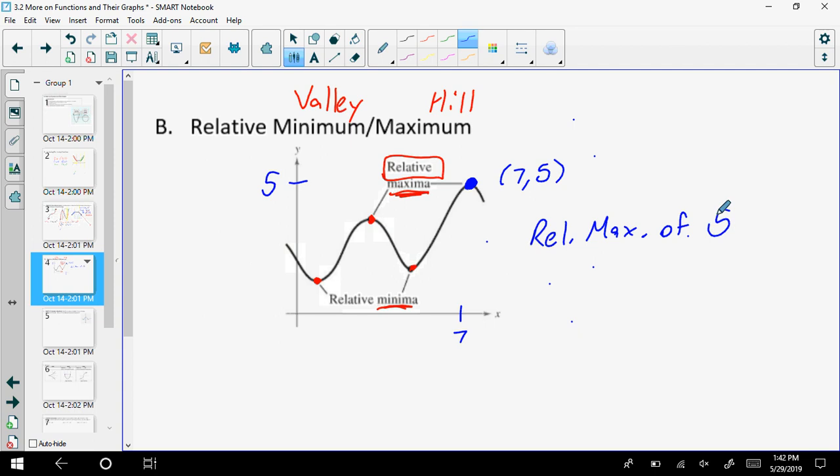I'm 5 up, that's the maximum, and it's located at x equals 7. So when x was 7, I had a height or a max of 5. Okay, it would be wrong if you told me the maximum was 7. I didn't go 7 up. 7 is where it's located. That's how far over I went.